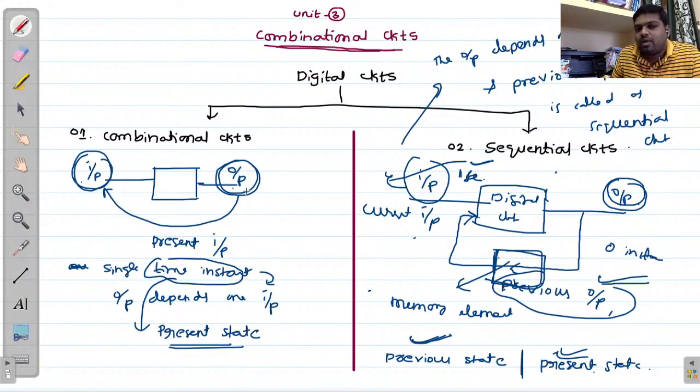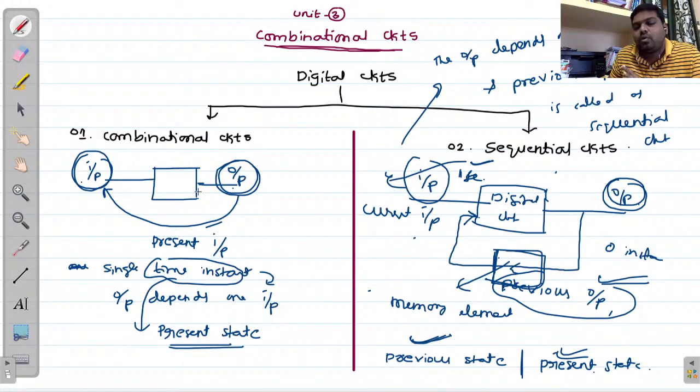Why? Because here we have only input at one particular time instant. This output depends on input, at the same instant. So this entire circuit depends only on the present state. We don't have any other states. The complete combinational circuit depends on present input, so we have the possibility to get only the present state.